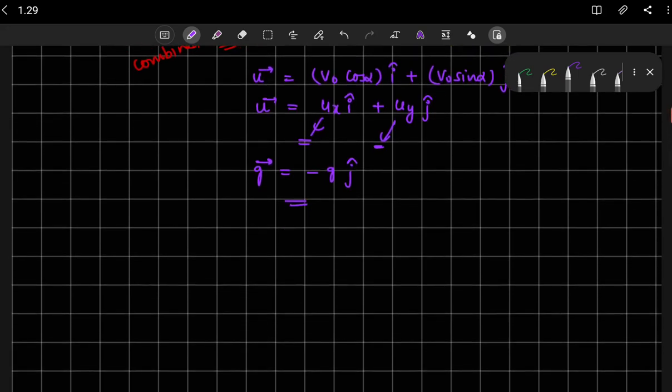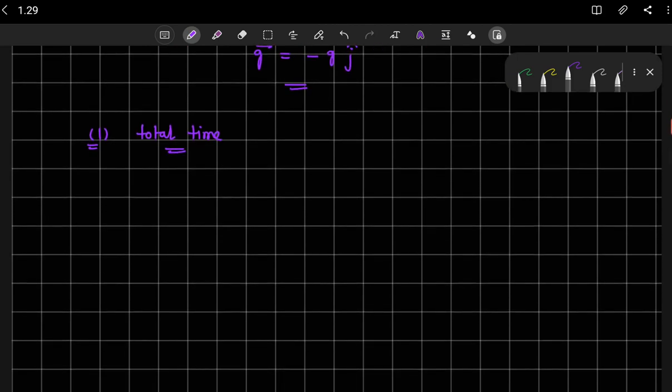Now in the first part, it is asking to find the total time. For that, let us analyze the motion of the body. Let us say this is the x and y axis, and the body is starting from this particular point.